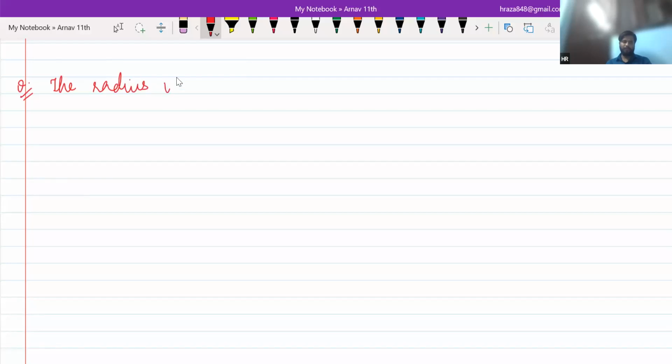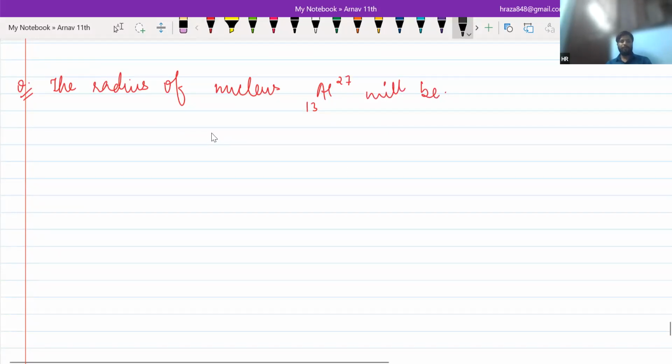The radius of the nucleus. We need to find the radius of the nucleus of aluminum-27, where the mass number is 27. Please solve this question.